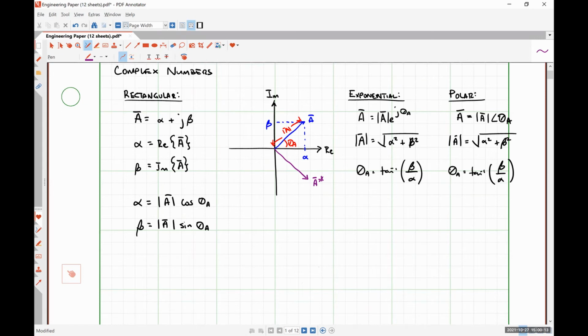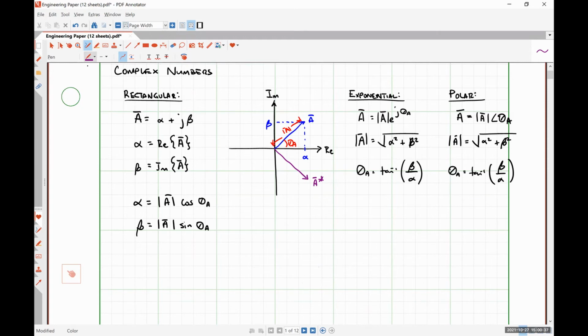So what is the difference between A and A conjugate? Anybody, can you tell me from the graph? This negative imaginary component in the rectangular form. What's the difference between the polar forms? The angle is negative now. That's it, right? So that's all that the complex conjugate operation represents.